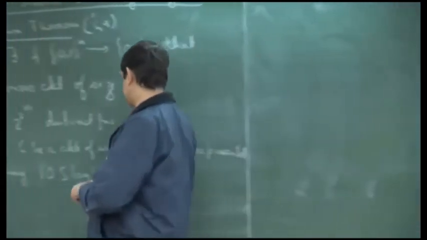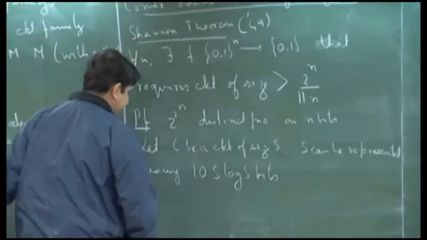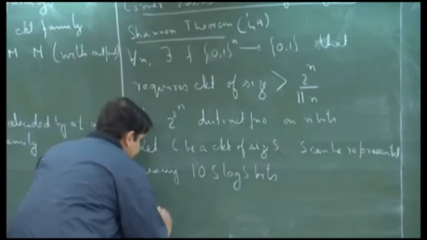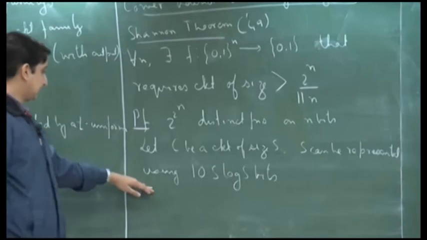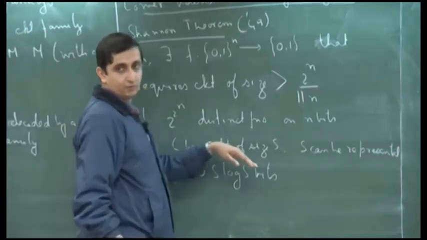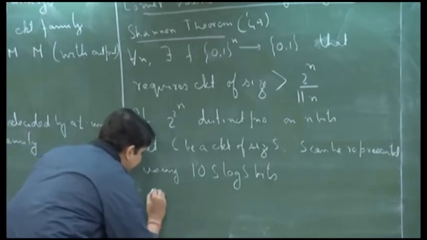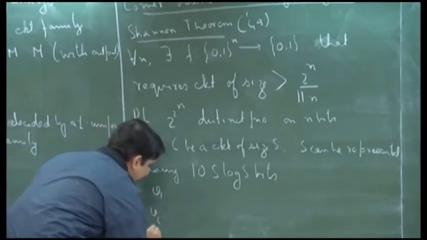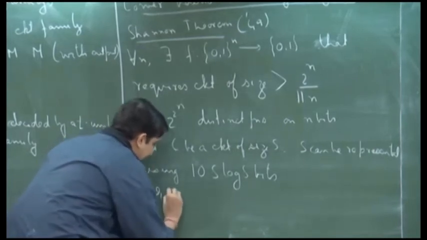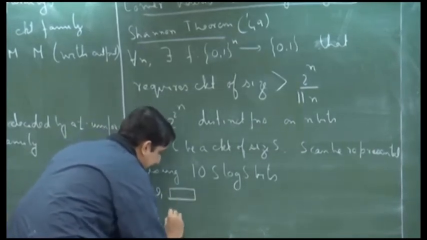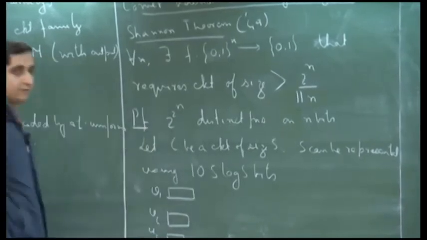Yeah. So, let us look at this. One way of representing a circuit is by using an adjacency list representation. Okay. So, let us say the circuit has 4 vertices. I have a vertex V1, I have V2, V3 and V4, and each of these lists has size at most 2. Okay.